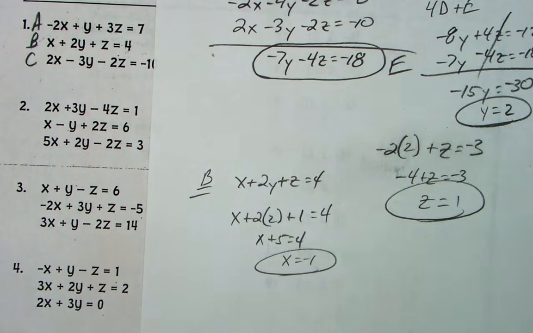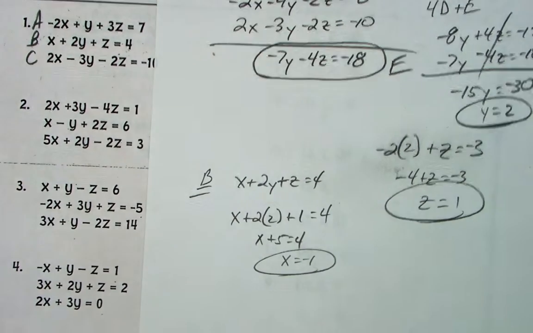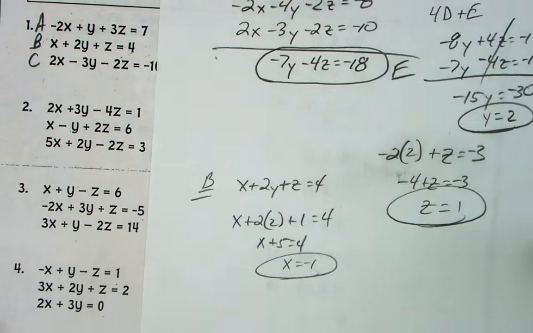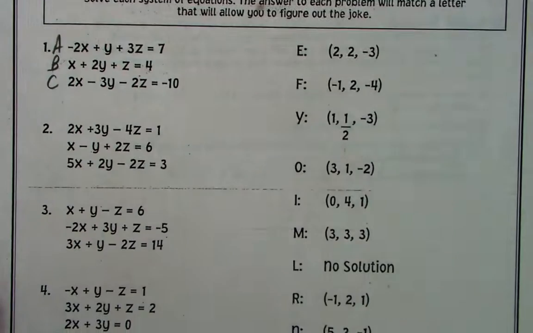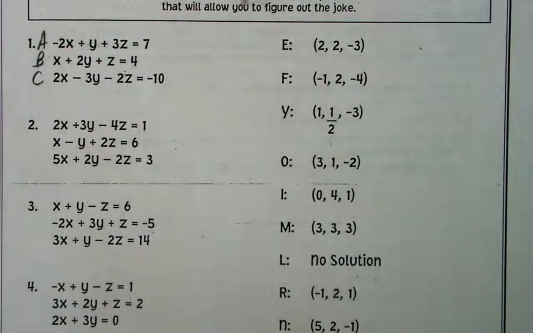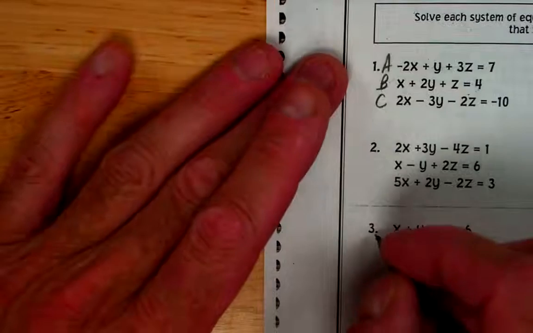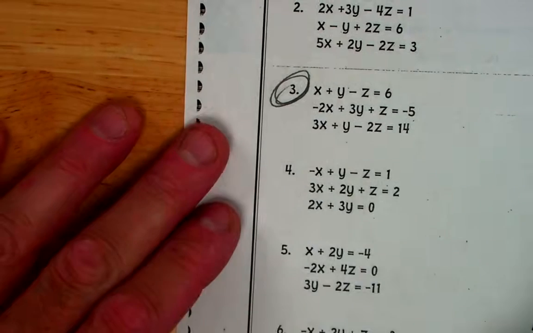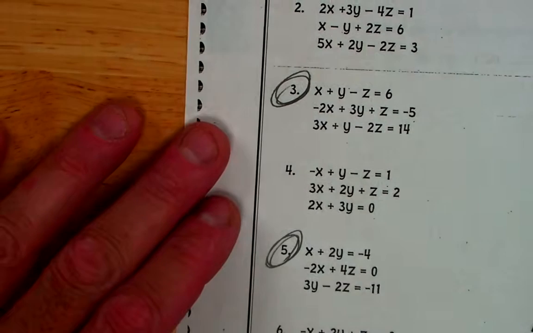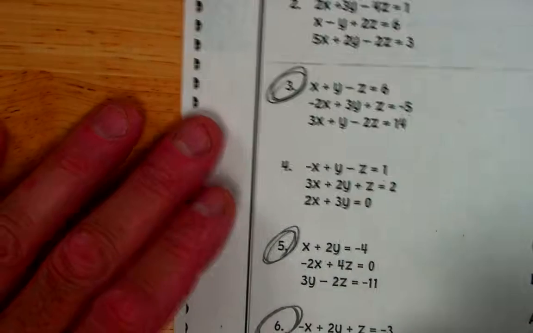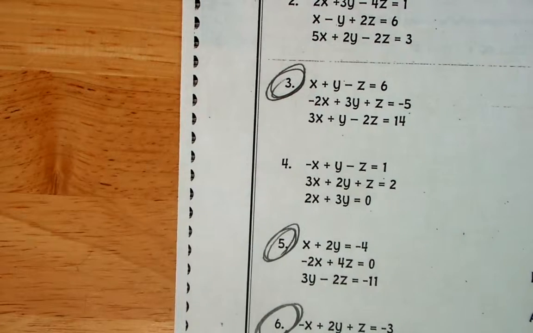Okay. So here's the deal today. I don't want you guys to have to work with decimals or fractions today. So here's what we're going to do. We are going to do only problems 3, 5, and 6. Not 7.